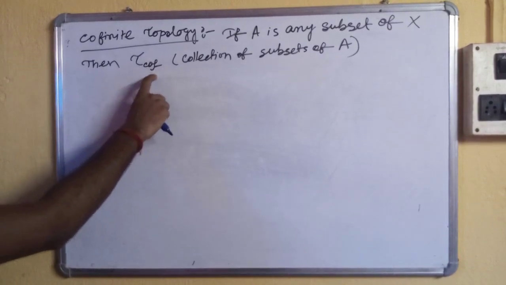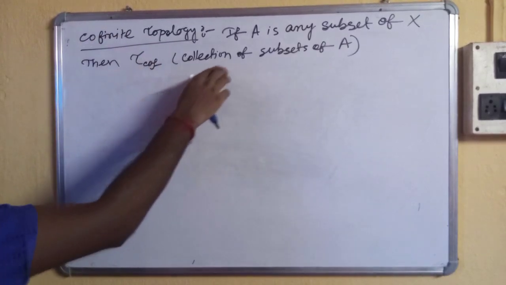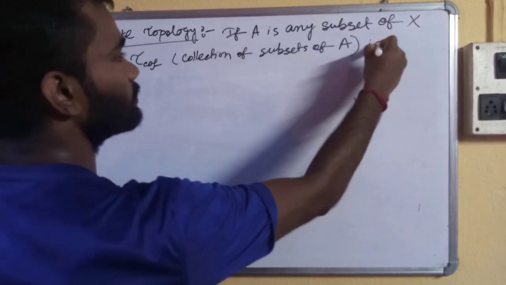We denote cofinite topology with this term tau cof. Okay, so tau cof is cofinite topology.